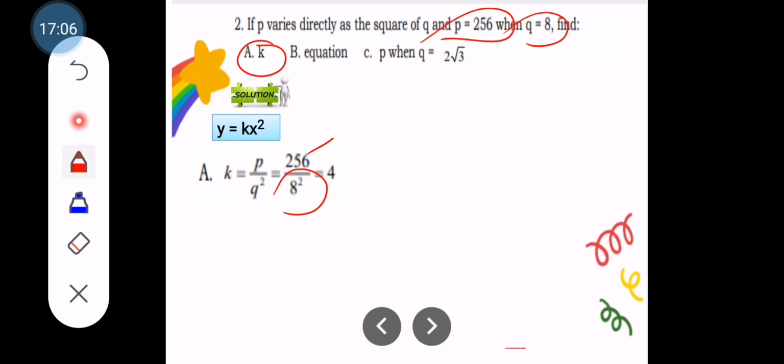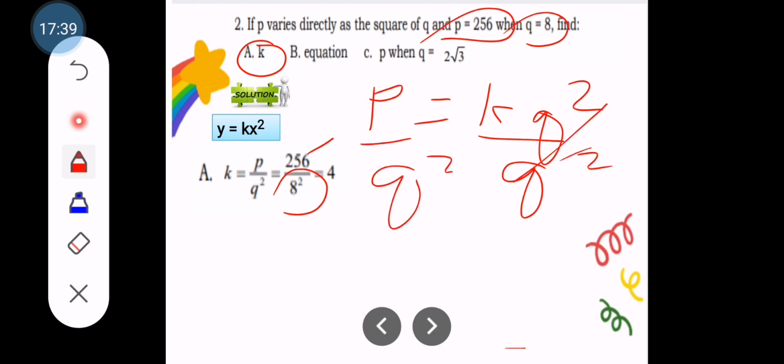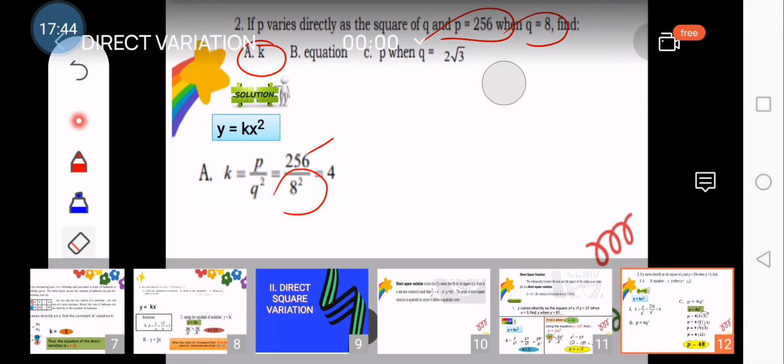Ulitin ko ha, ang translation nito is P varies directly as the square of Q, kQ square. Para makuha ang constant, i-divide natin by Q square. So, K is equal to P over Q square. Kaya naging ganon.